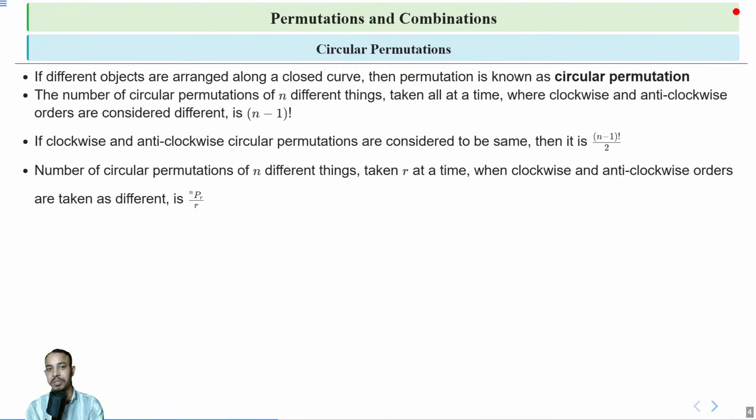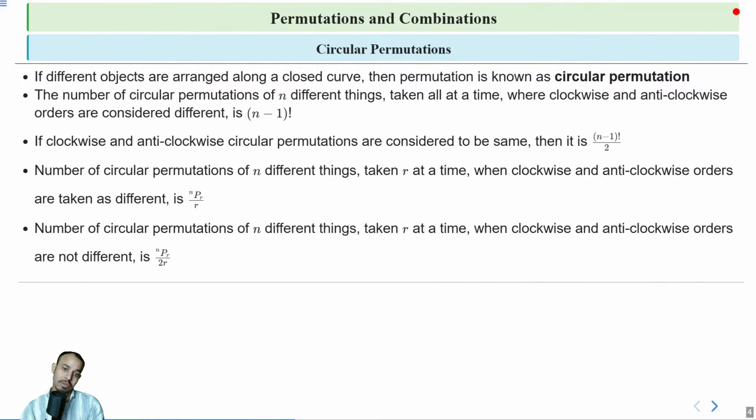Then you will get the number of circular permutations of n different things taken r at a time when clockwise and anti-clockwise orders are taken as different. You must focus on this point: if clockwise and anti-clockwise orders are taken as different, we do not need to divide by 2, but if they are taken as the same, we have to divide by 2.